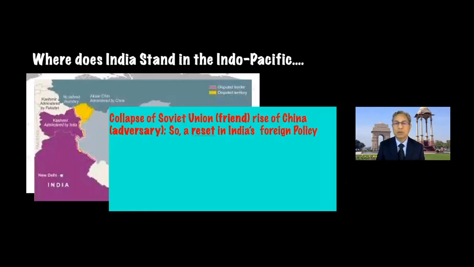Now, therefore, what India sees for itself is that India's very close friend, Soviet Union, has collapsed, and India's adversary, China, has emerged as a major influence. And that has led to Indian foreign policy being redefined, and it has seen India growing really close to United States and all its friends and allies, including South Korea.